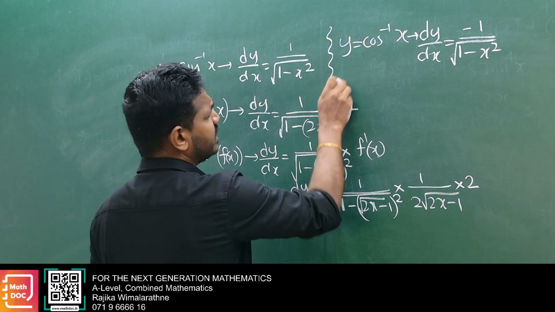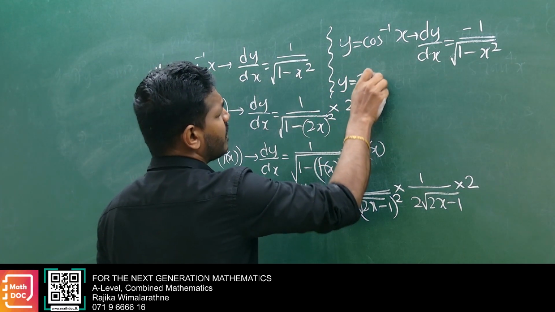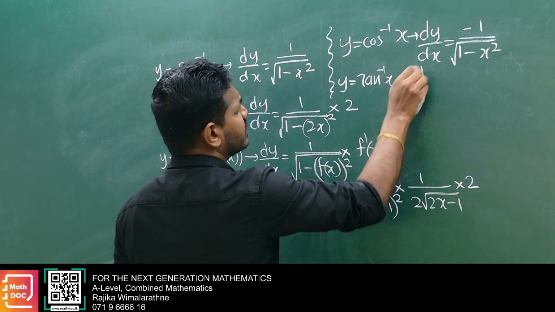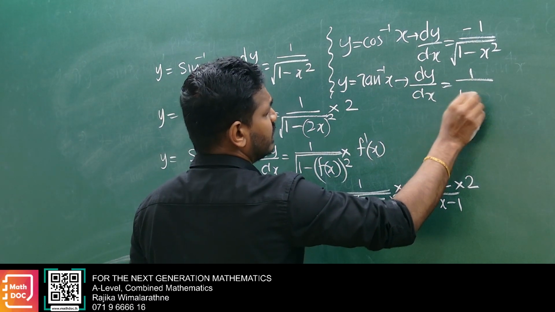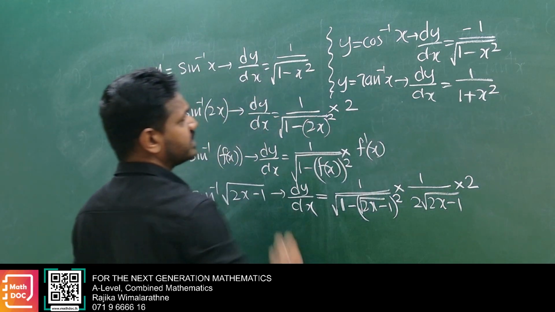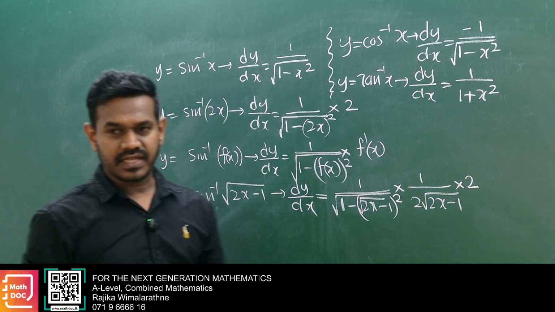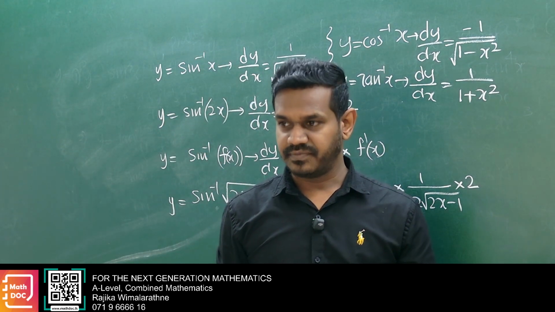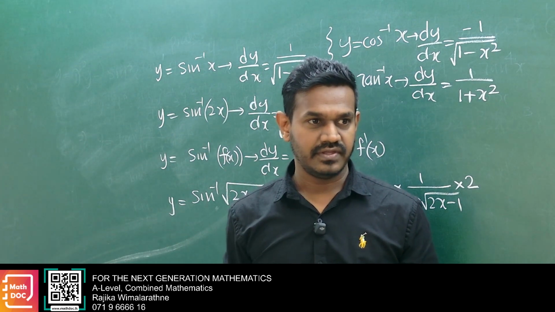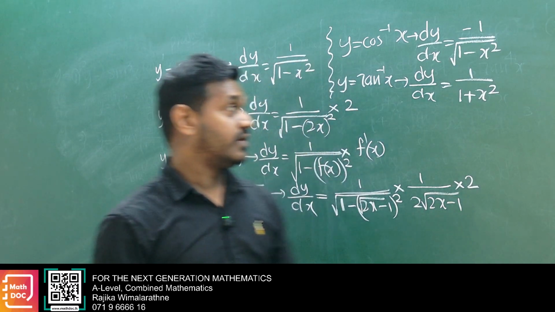Likewise, y equal tan inverse x: dy by dx is 1 over 1 plus x squared. But with an inverse function, it represents a function of a function type.